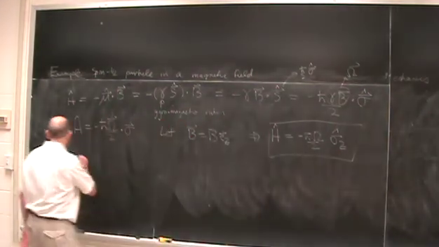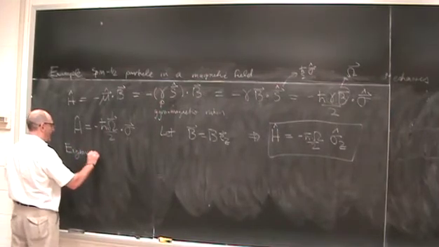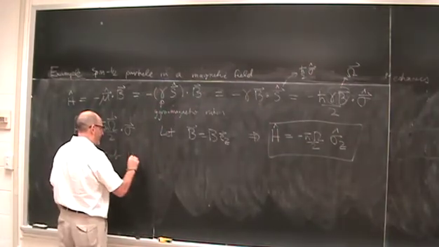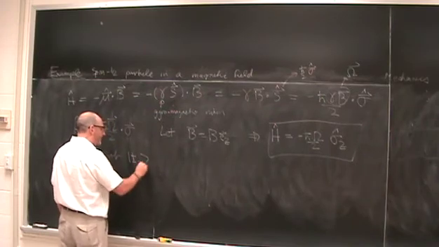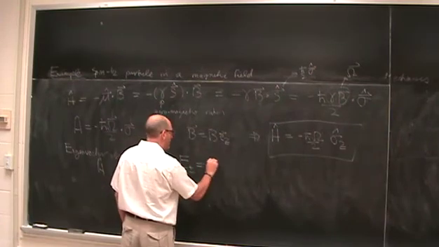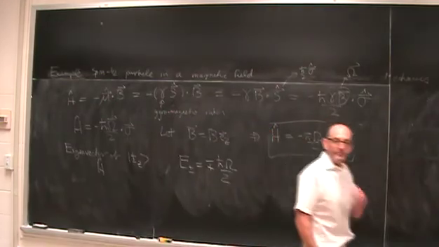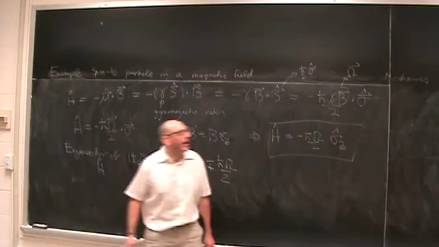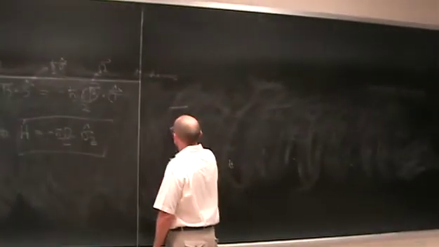So the eigenvectors of the Hamiltonian are plus and minus along the z-axis, and the eigenvalues are minus plus h bar omega over 2.